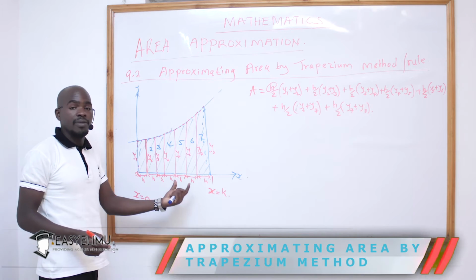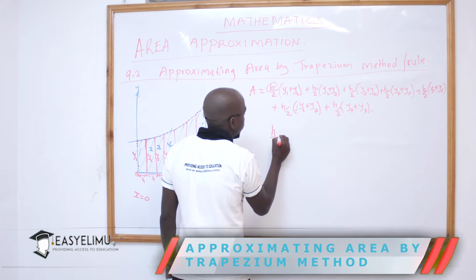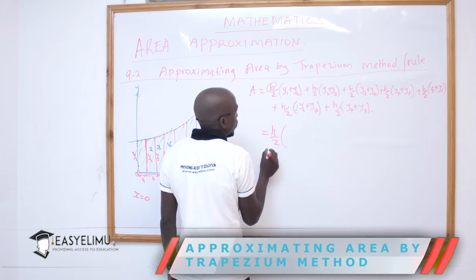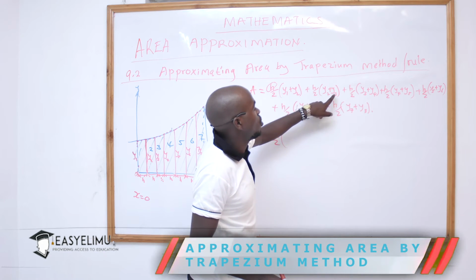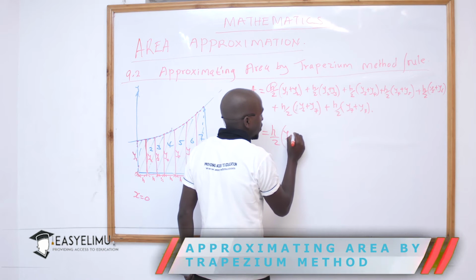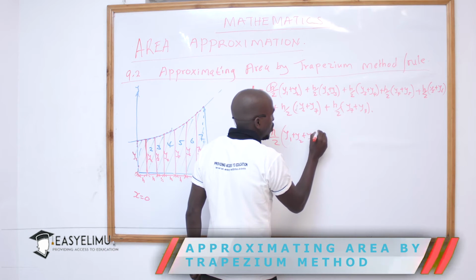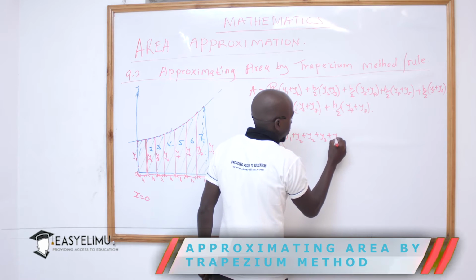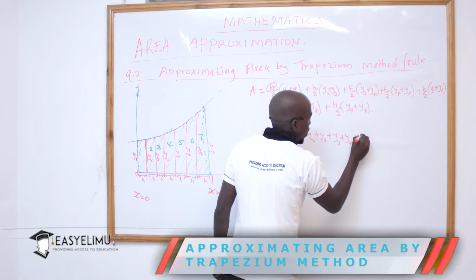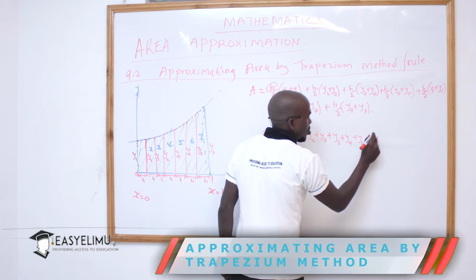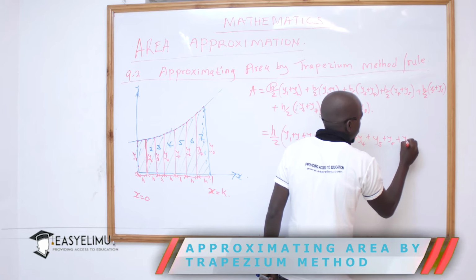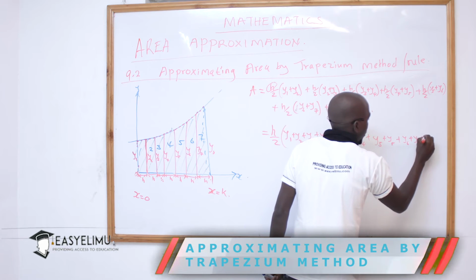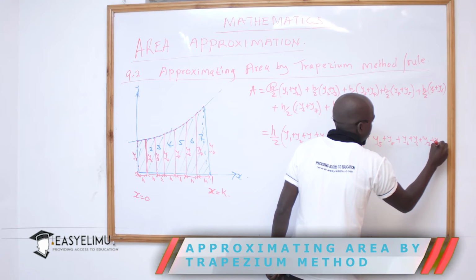So it will be h over 2 into y1 plus y2 plus y2 plus y3 plus y3 plus y4 plus y4 plus y5 plus y5 plus y6 plus y6 plus y7 plus y7 plus y8.